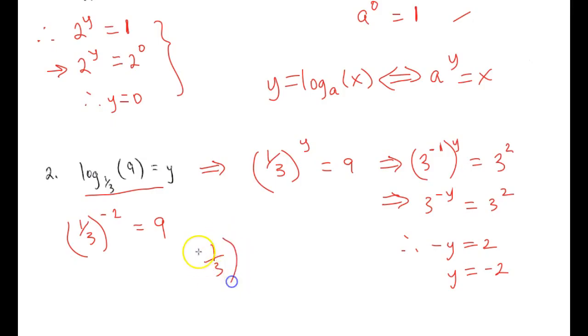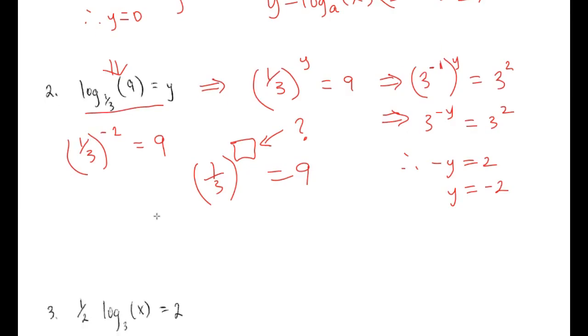I'll just put it in the context of this problem again. This is literally what we were asking: if I have an exponential number that has a base of 1/3 and a result of 9, what is the exponent? That is what this equation is essentially asking. All right, so let's move on to the next example.